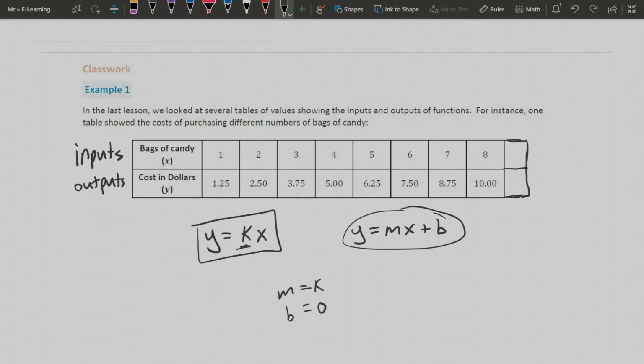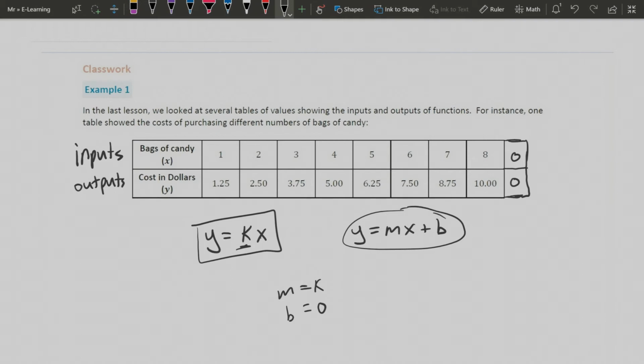Well, where's the y-intercept? Where's the b in this one? Well, b is just equal to 0. What that means is the y-intercept is at the value x equals 0. So when x equals 0, y equals 0. And hopefully that makes sense to you guys with this example.